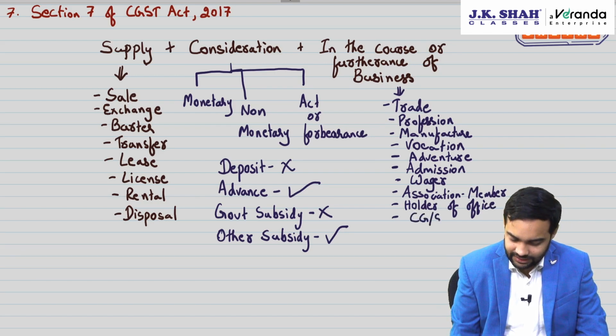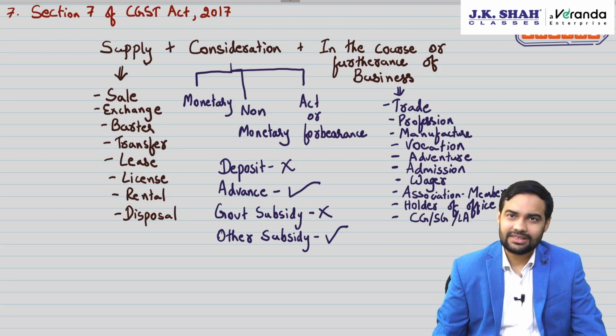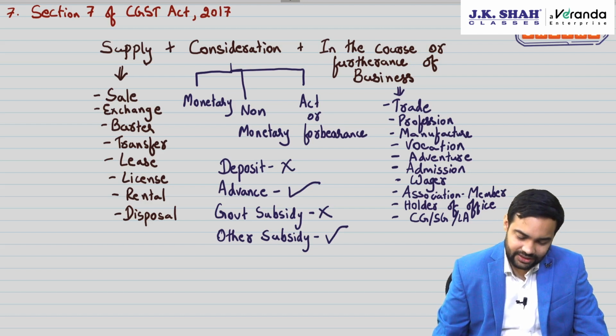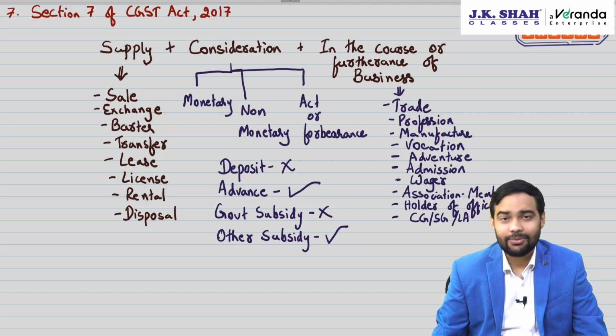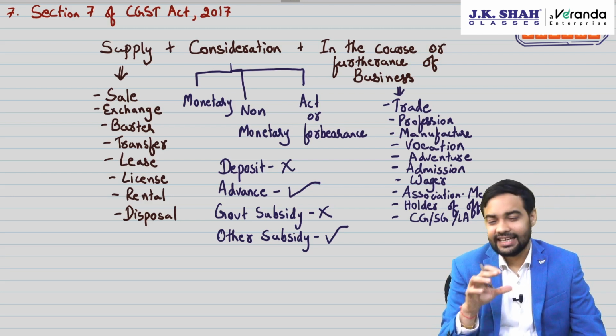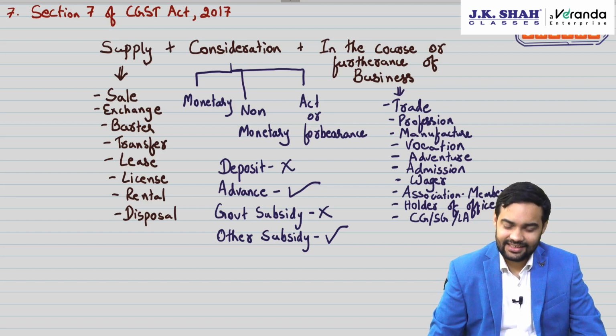Central government, state government, local authority, doing anything as a public authority, that is also considered as part of business. We don't even exclude government. You would have already seen this in exemption, where government related services also can be subject to GST. Now, if you notice, the definition of business is kept very wide. In fact, any closure of business and sale of assets thereon will also be subject to GST.